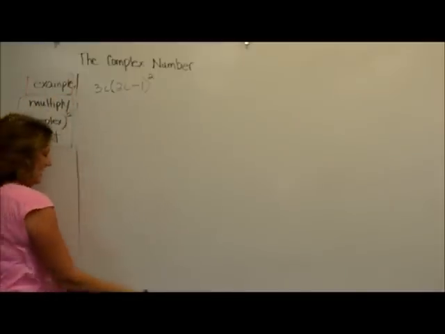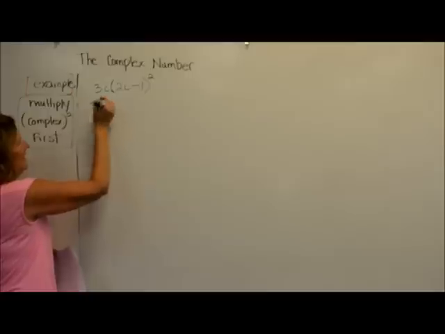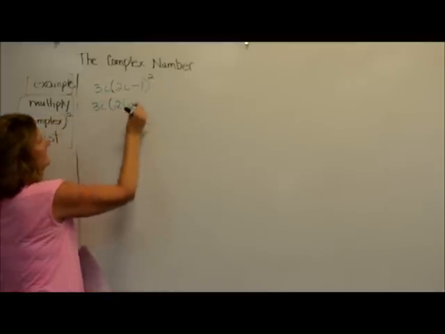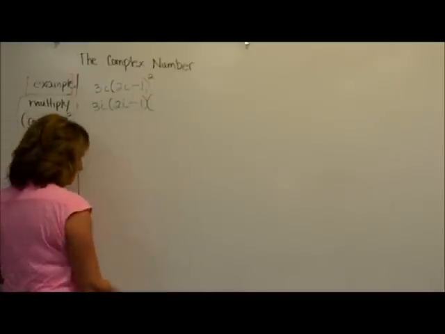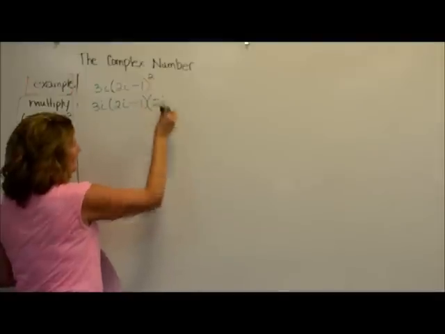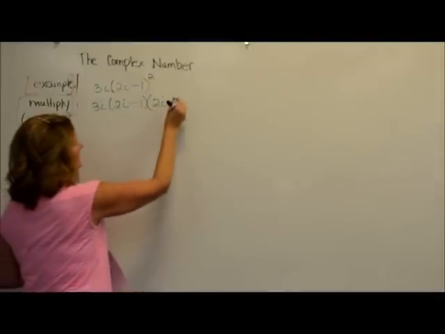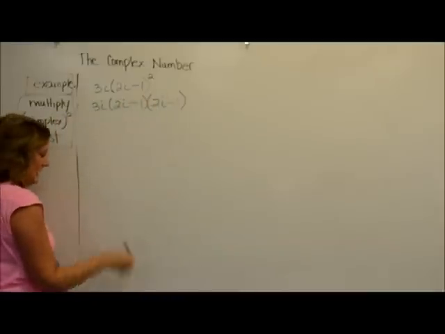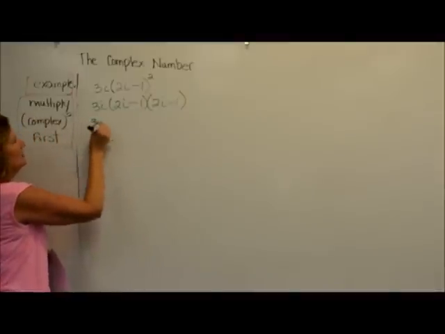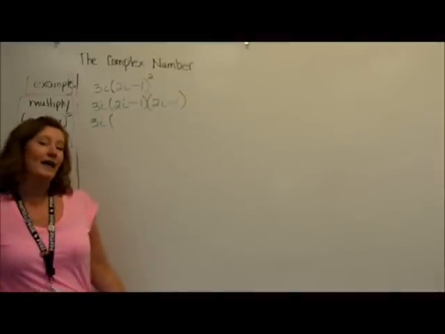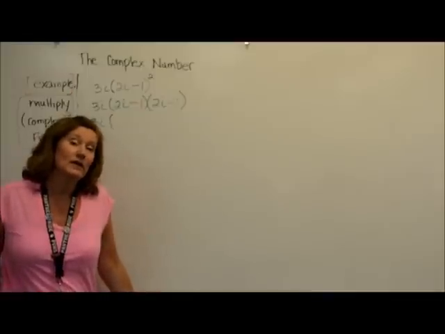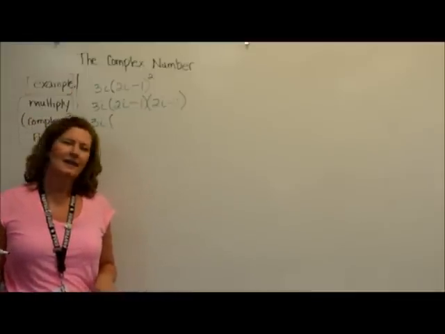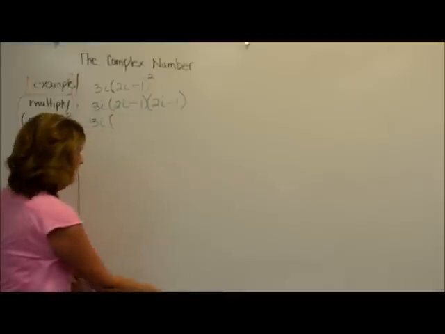So what I really have then is 3i times 2i minus 1 times 2i minus 1, right? I'm going to go ahead and FOIL that. This 3i is just going to wait until I'm done. Once I'm done with the 2i minus 1 squared, then I'll distribute through with that 3i.